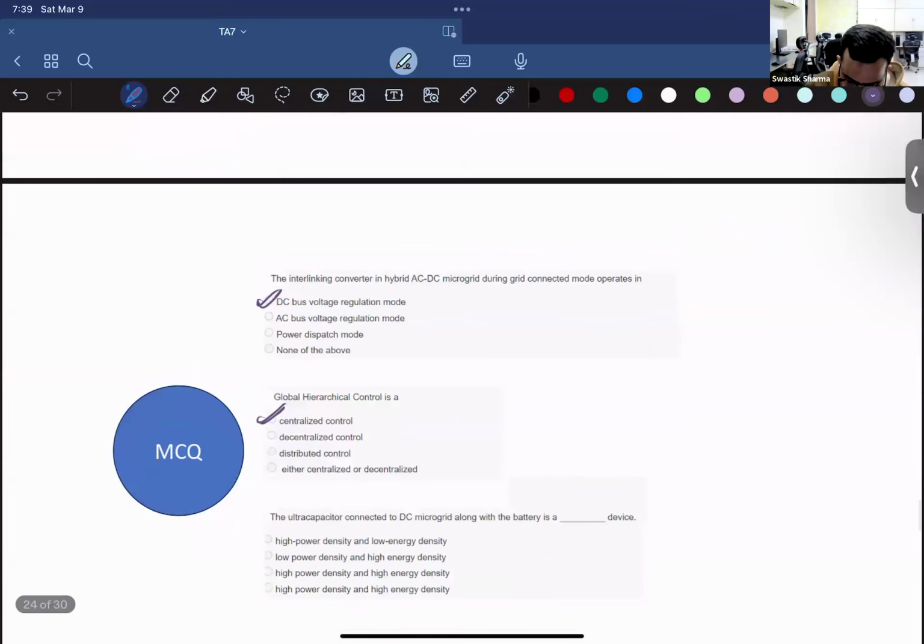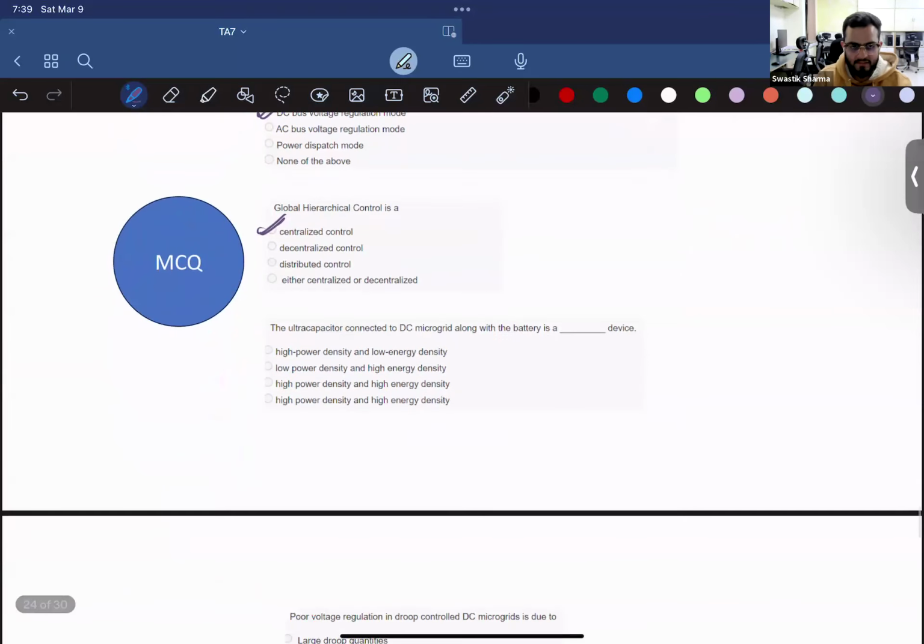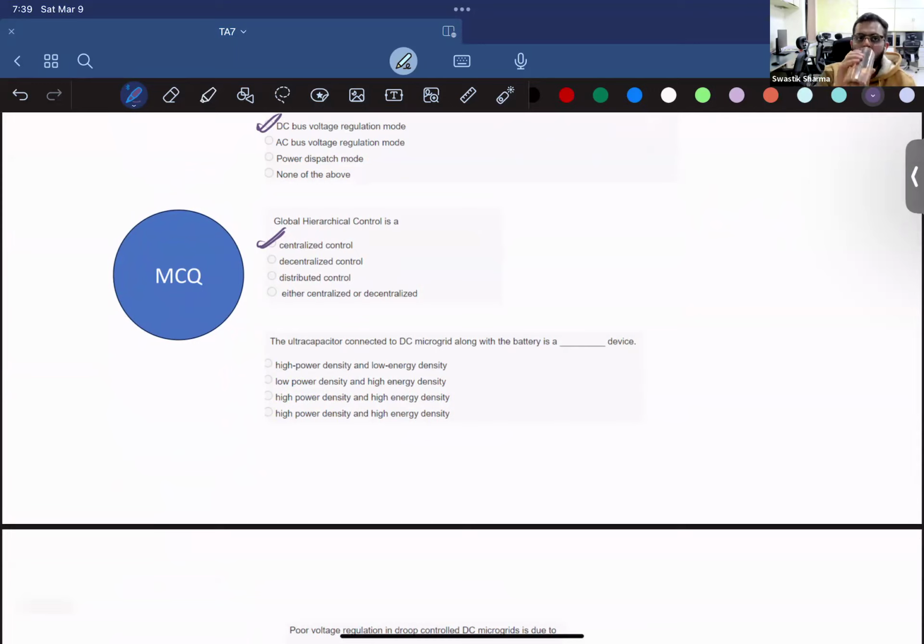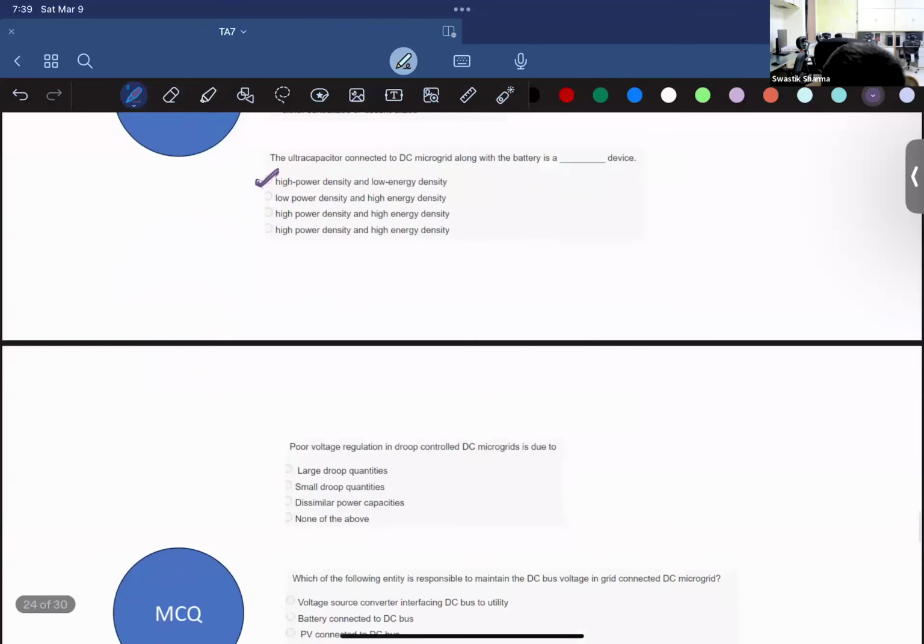Next, the ultra capacitor connected to DC microgrid along with the battery is a dash device. Yes, it is a high power density and a low energy density device. It can supply a large amount of power, but it doesn't have a huge storage.